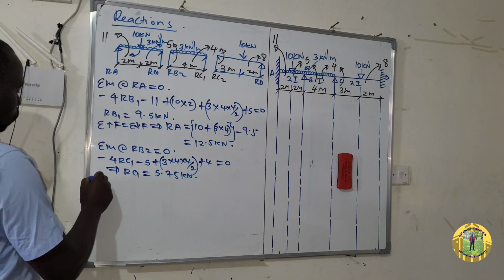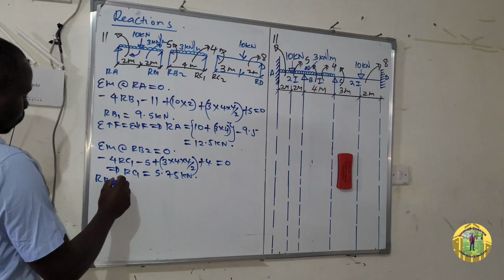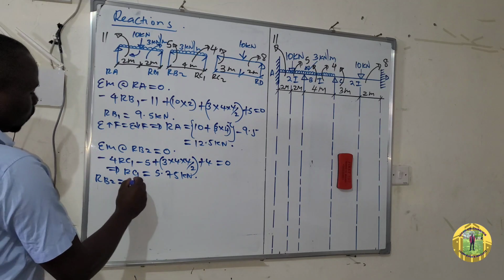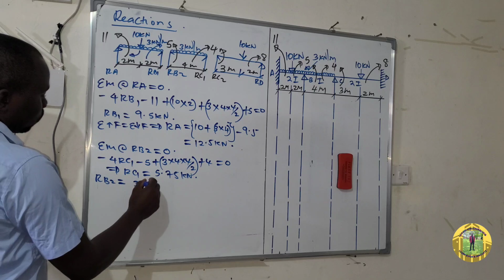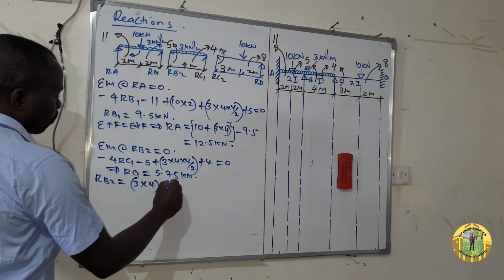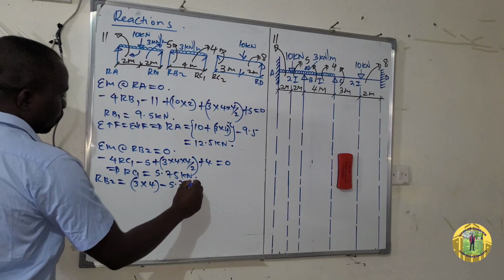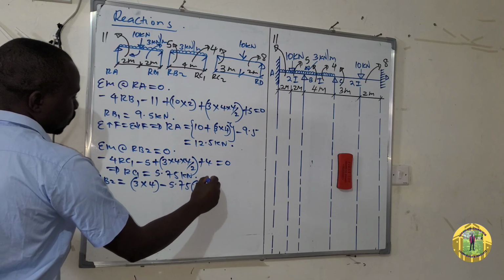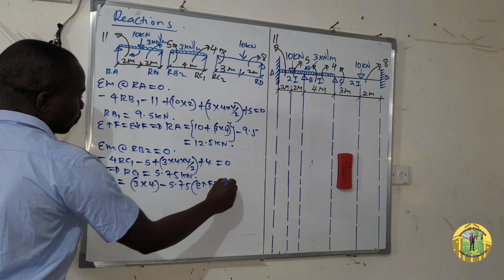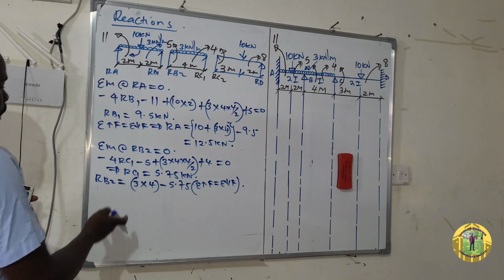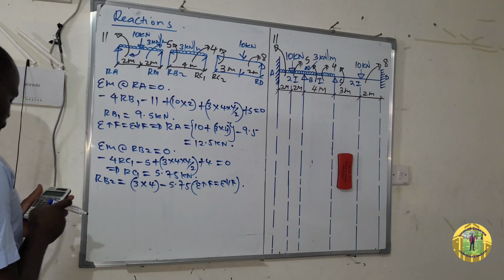To get RB2, this one will be 3 times 4 minus 5.75. The reason is summation of upward forces is equal to summation of downward forces. From there you can make an equation and obtain RB2.